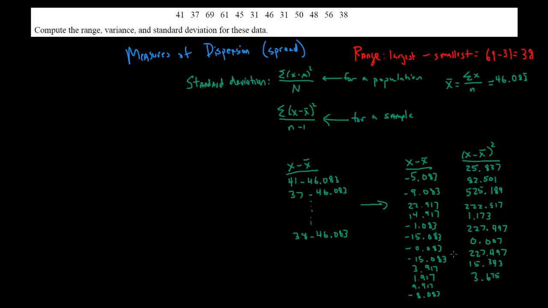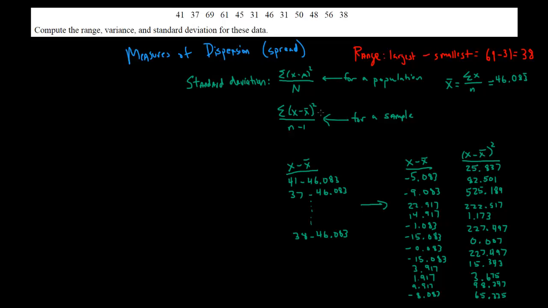Then we have 9.917 squared. That is 98.347. And lastly, negative 8.083 squared. 65.335. Okay? There, that is all of the x minus x bars squared.